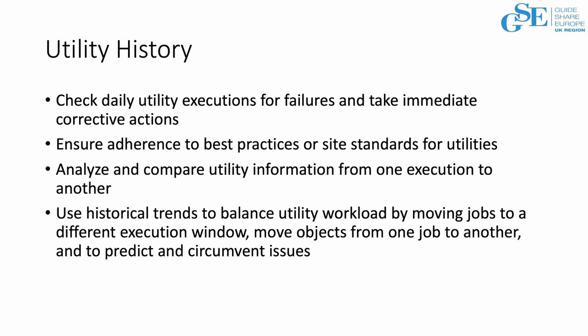What's nice is the table can be used to check on your daily executions and take corrective actions if needed. It could be used to compare utility executions. So maybe you had a utility that ran 2 hours today, but last week it ran an hour. You want to compare the two, you could do that.